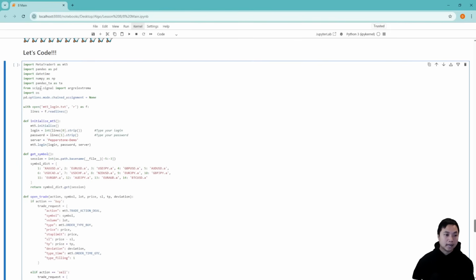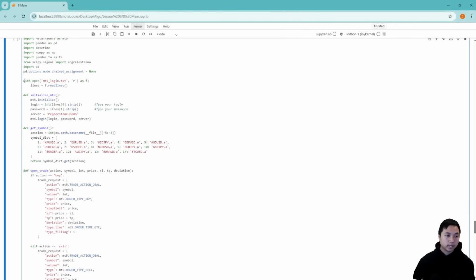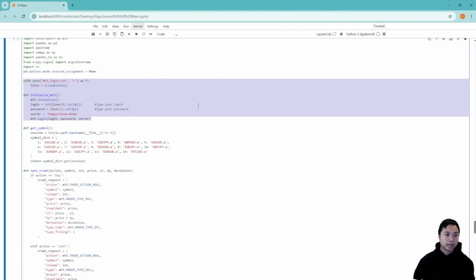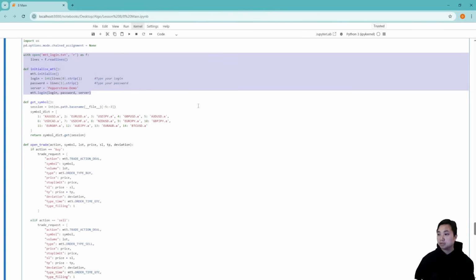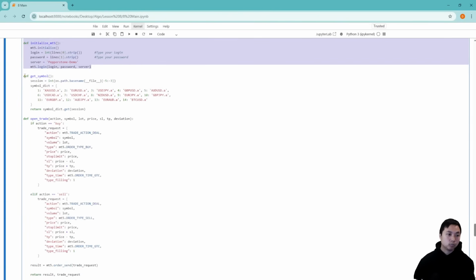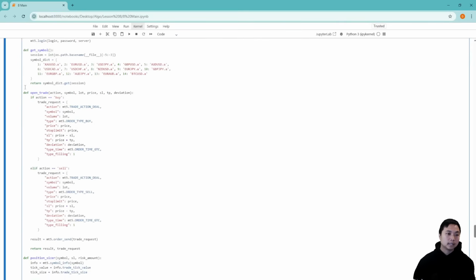And then we have SciPy that helps us to detect the maxima and minima. We also have the OS module that allows us to read the file names in order to get the symbol. The first function initializes the connection to MetaTrader, and then we get the symbol from the file, so we don't need to hard code what we're going to trade.